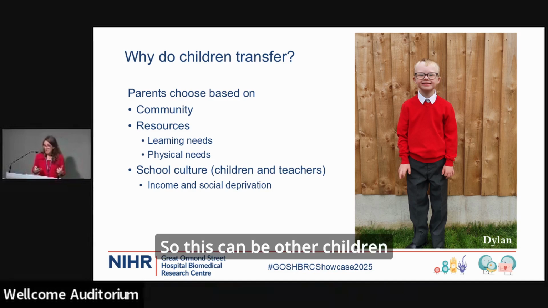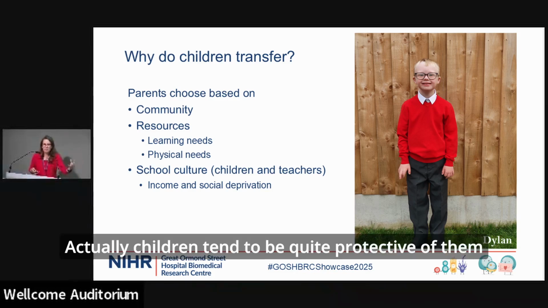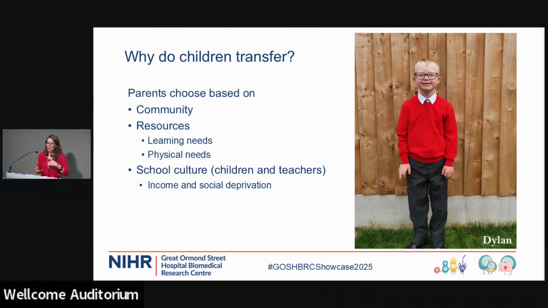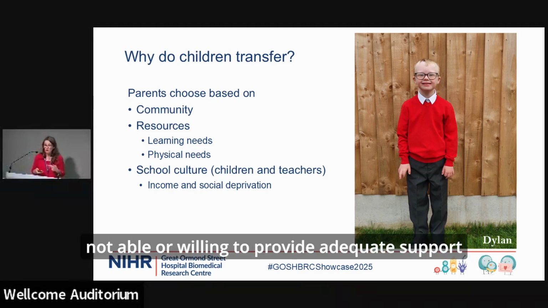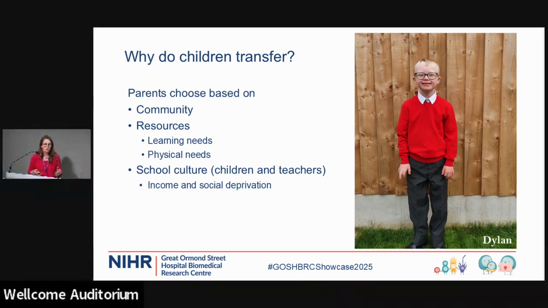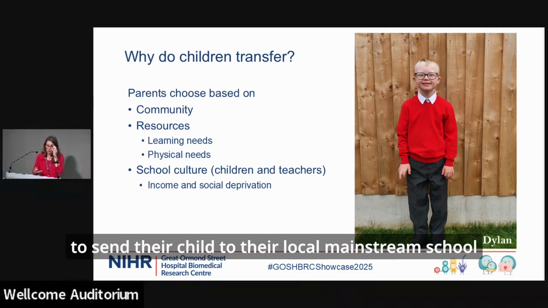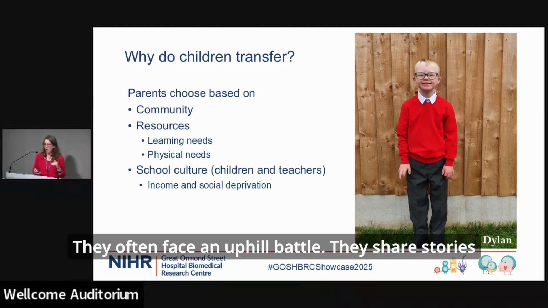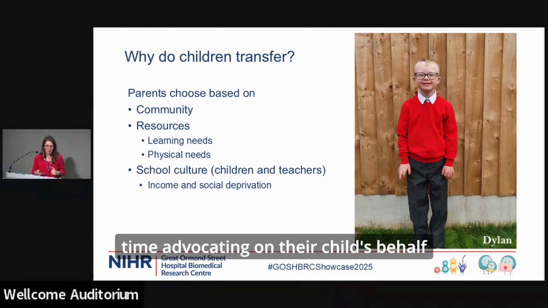So this can be other children, but for children with Down syndrome, actually children tend to be quite protective of them. It's often teachers and administrators who are either not able or willing to provide adequate support. So when a parent of a child with Down syndrome chooses to send their child to their local mainstream school, they often face an uphill battle. They share stories of spending inordinate amounts of time advocating on their child's behalf.